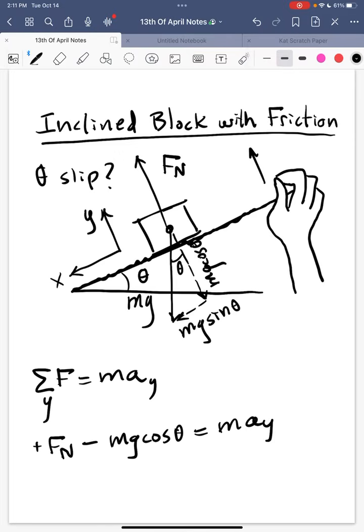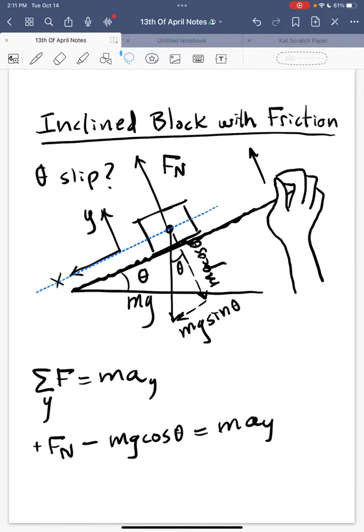Now, one thing I want you to think about very quickly is, along the y-axis, is the block accelerating up and down? It's not. It basically stays balanced in terms of the normal force and mg cosine theta. They're both opposed to each other and perfectly balanced such that the block will not accelerate in y. It's only going to be moving down the plane.